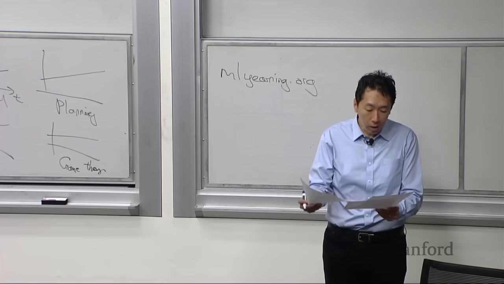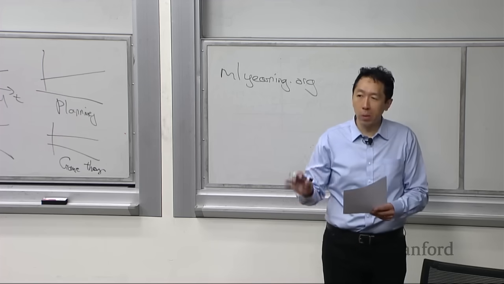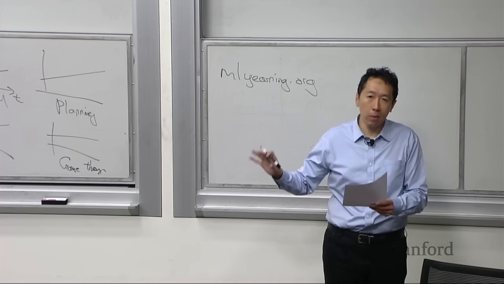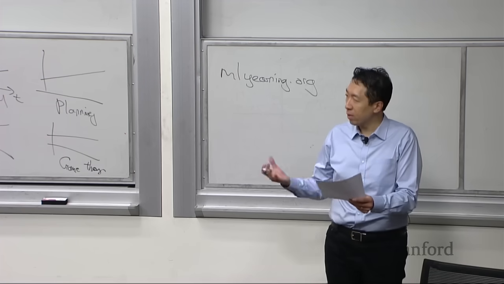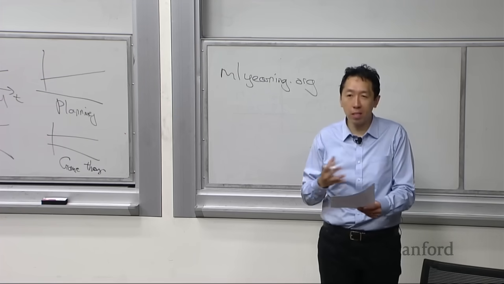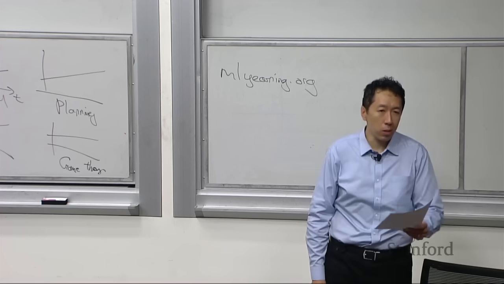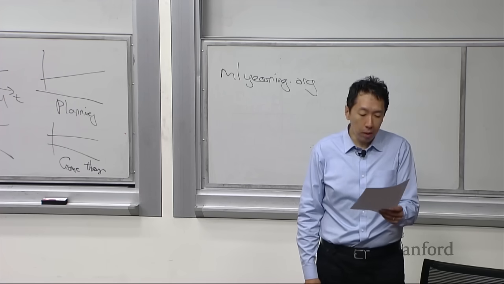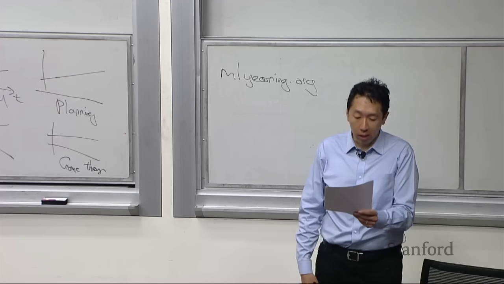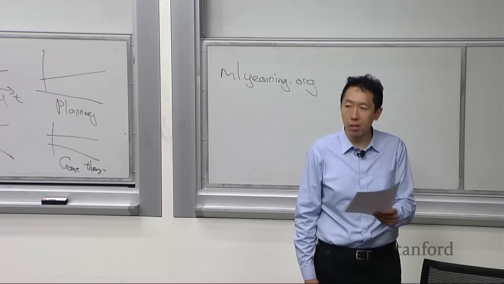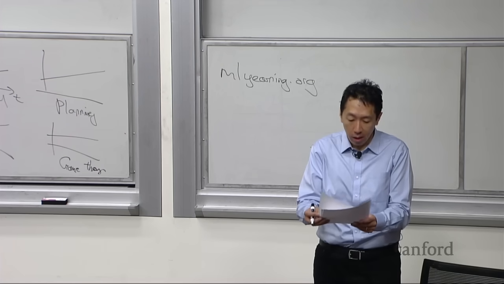So the format of the class is that we ask you to do the online content created by DeepLearning.ai and hosted on Coursera, and then in class, both the meetings with Kian and me, where Kian and I will split these sessions roughly 50-50, as well as the small group discussion sections with the TAs, you can spend much more time interacting with the TAs, Kian, and me, and going deeper into the material than the online content by itself.